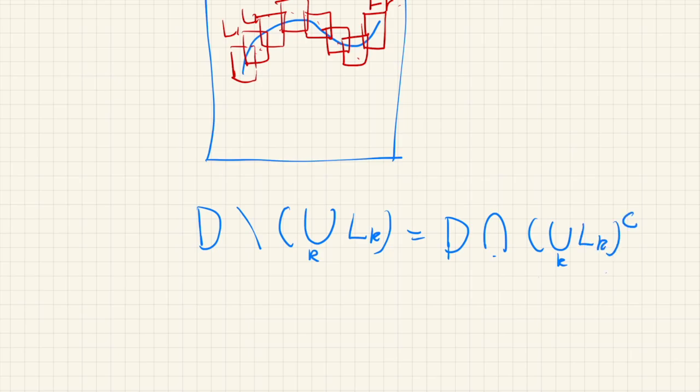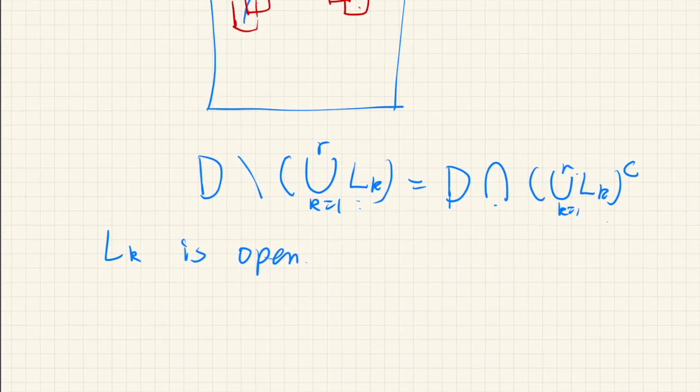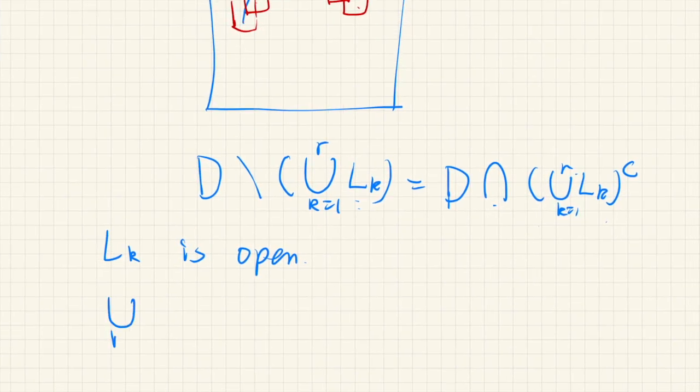Now each LK is open. It's an open set. Then the union of LKs is open.